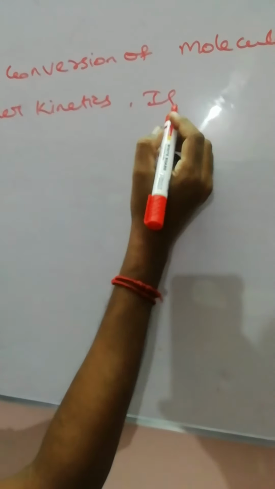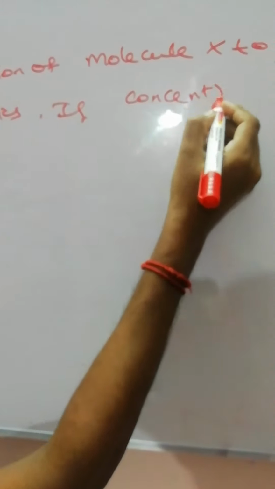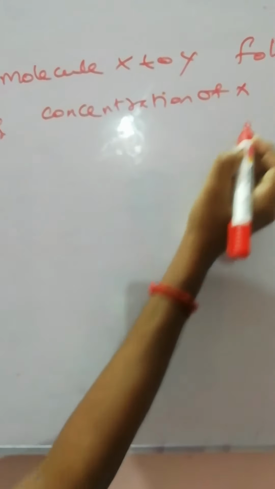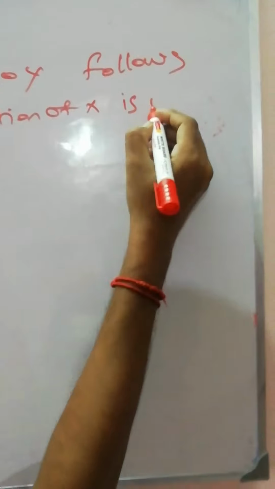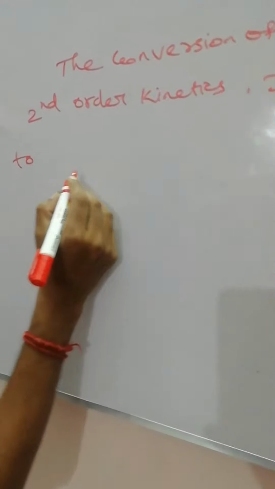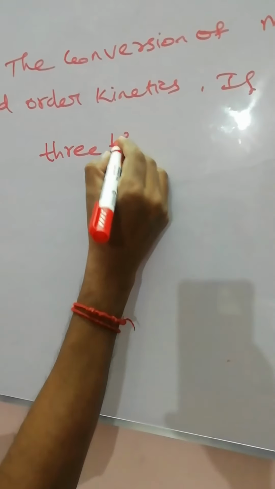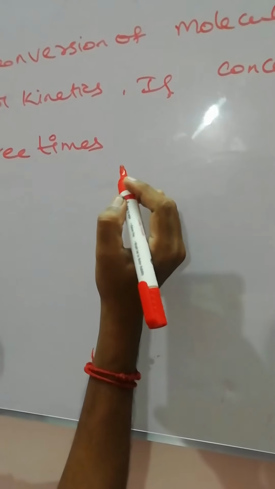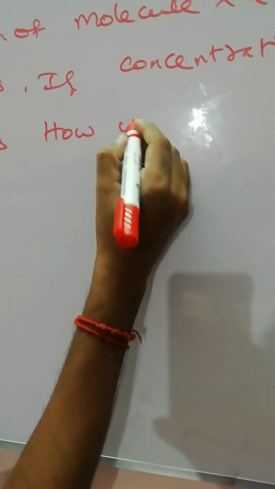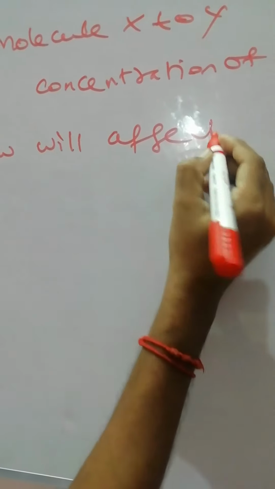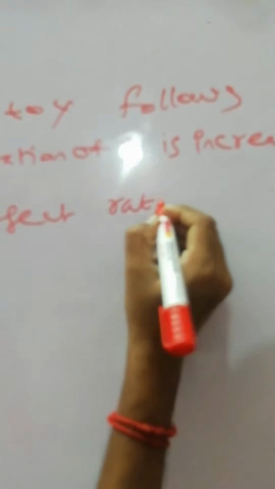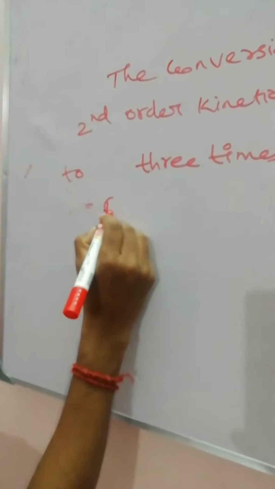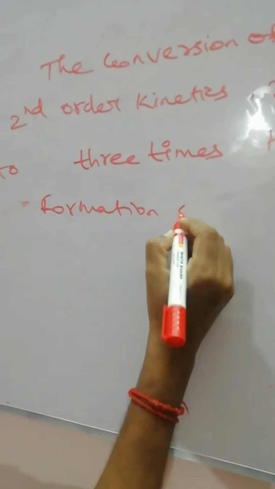If the concentration of X is increased to 3 times, how will it affect the rate of the reaction? How will it affect the rate of formation of Y? This is the question.